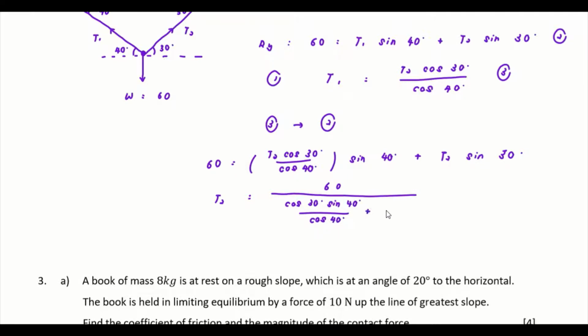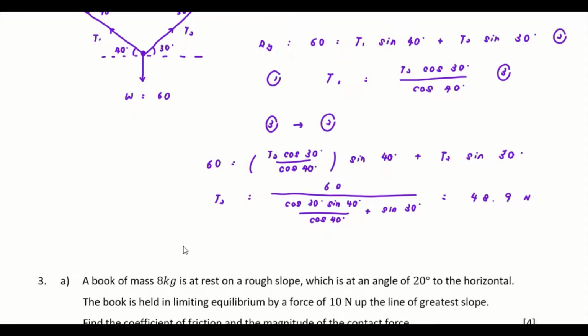Okay, and then plus sine 30. Alright, so from here then you'll be able to get your T2 already. Alright, so that will actually give you the first answer, which is 48.9 Newton. Okay, so 3SF, but please save this answer for your second one.